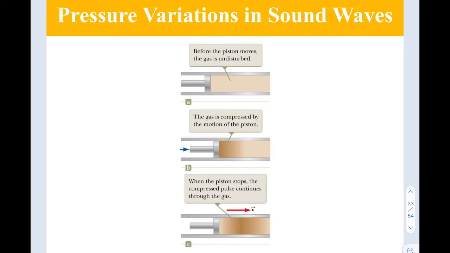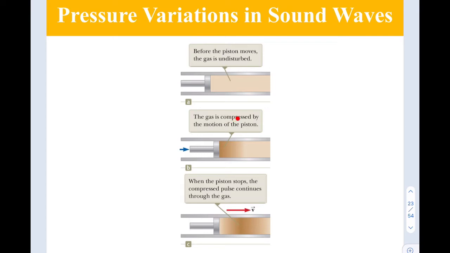We see this figure. Let's say we have air within a column with a piston. Before the piston is moved, the gas is undisturbed. Now let's say the piston is moved to the right.